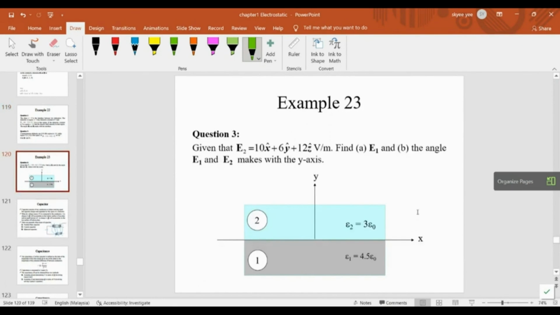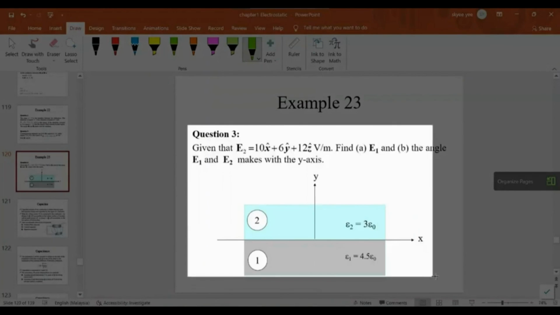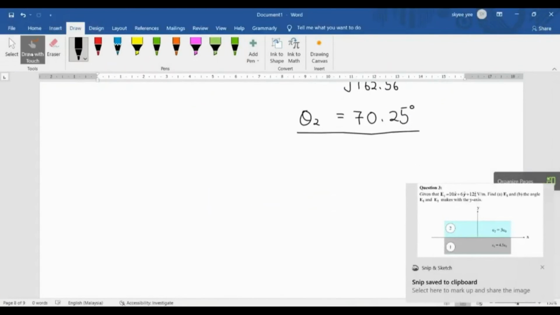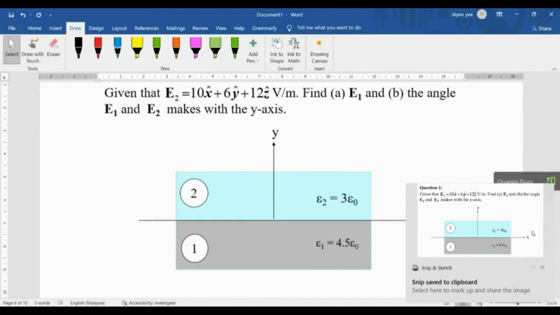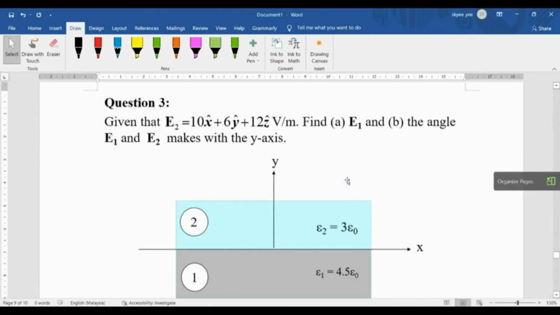Let's look at example 23. Very similar questions. You will find that the questions are very similar. You will have two mediums.